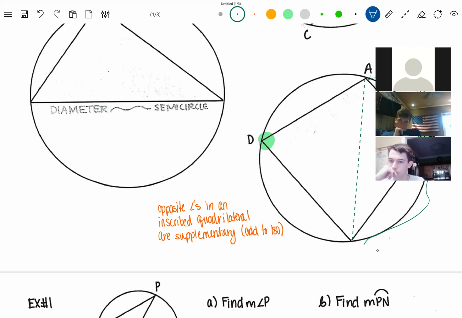That arc measures 100, which would mean this other arc would be the rest of the 360 degrees, so it would measure 260 degrees.